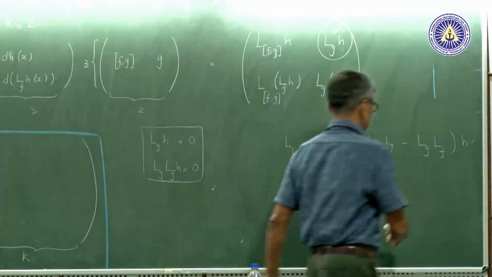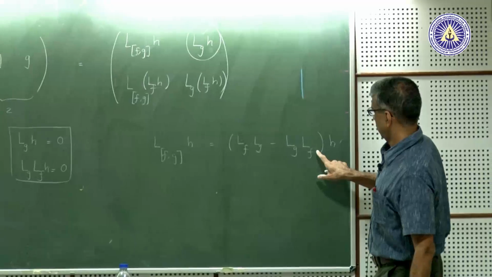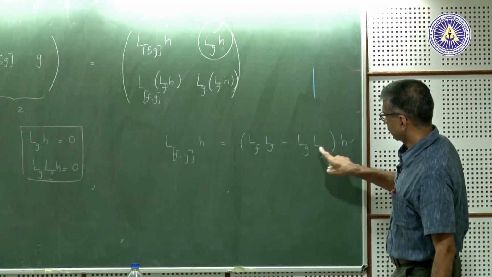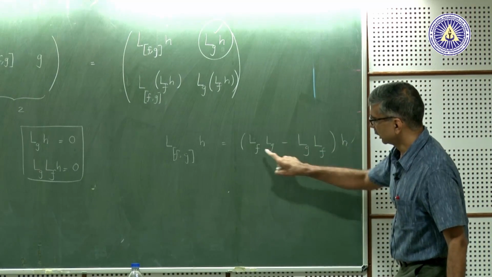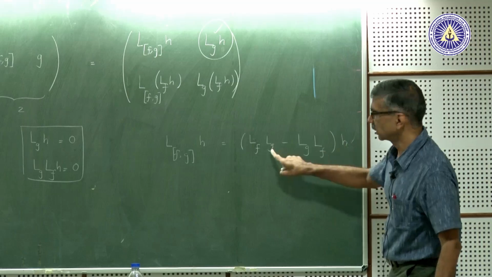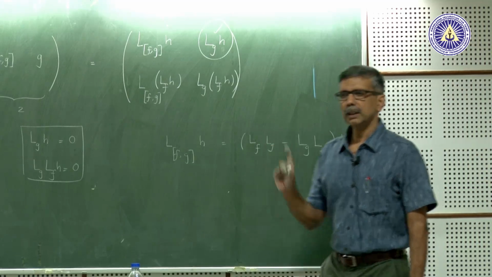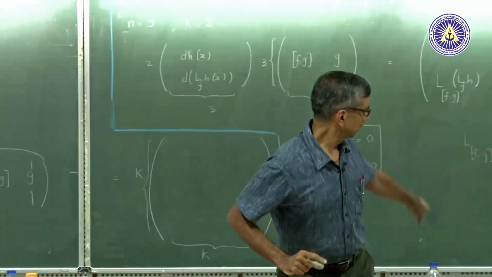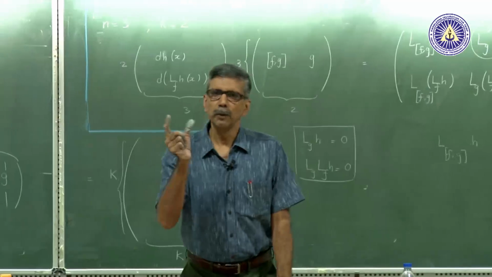That is, this basically means you take the Lie derivative along f, then along g. What is the difference between doing along g and then f? Because the whole idea of this Lie bracket is it's a commutator.